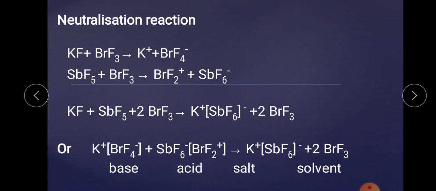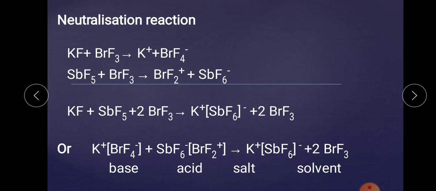Here we are using BrF3 as the solvent. This reaction is also known as the neutralization reaction.